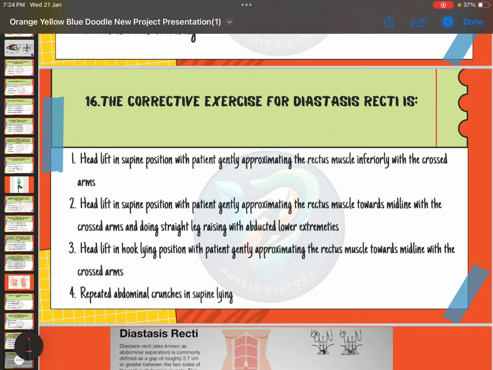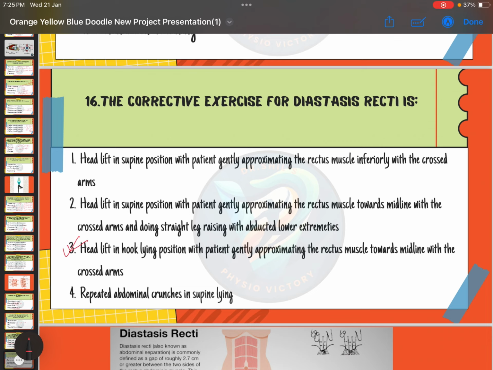Option 2, head lift in supine position with patient gently approximating the rectus muscle towards midline with the crossed arm and doing straight leg raising with abducted lower extremities. Option 3, head lift in hook lying position with patient gently approximating the rectus muscle towards midline with the crossed arms. Option 4, repeated abdominal crunches in supine lying.